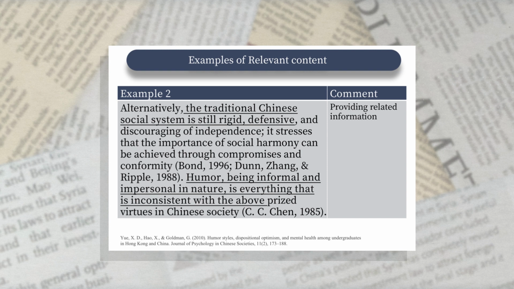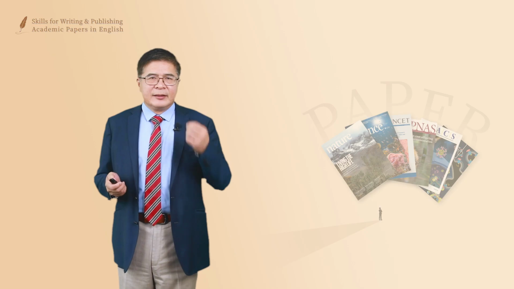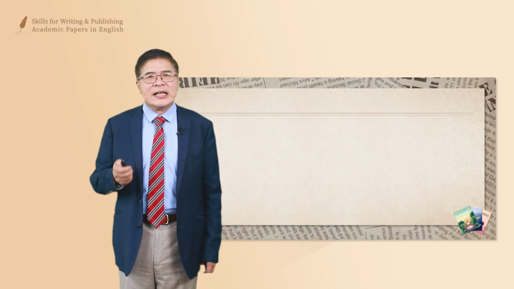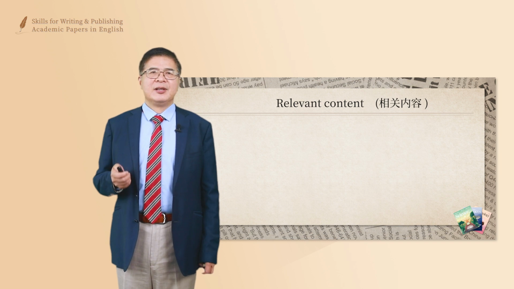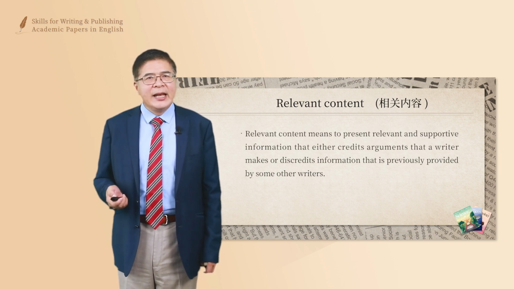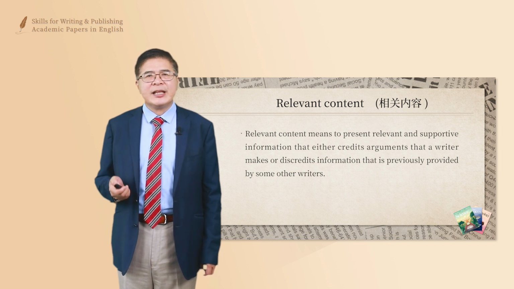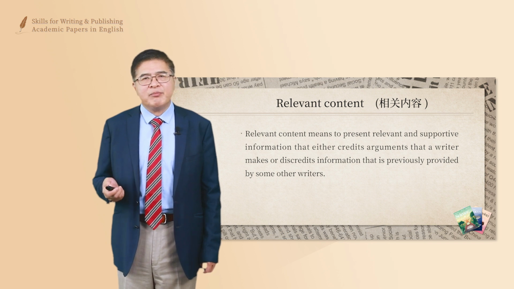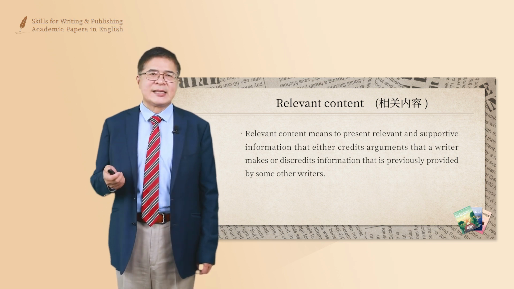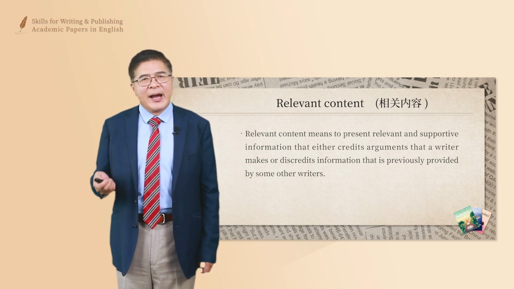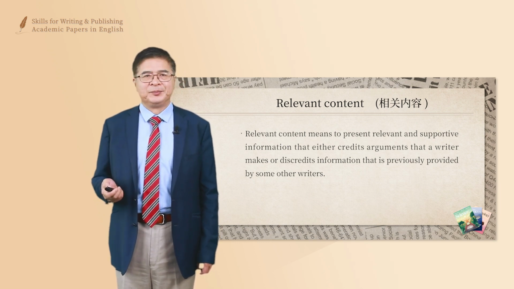You could see. Okay, the fifth thing the writer keeps in mind is called relevant content. The relevant content means to present related and supporting information that either credits arguments a writer makes or discredits information that is previously provided by some other writers.